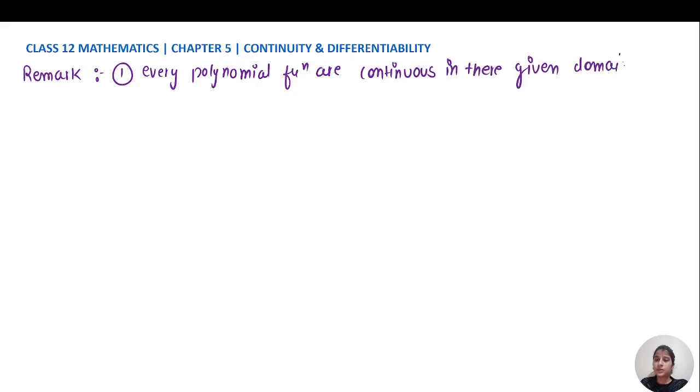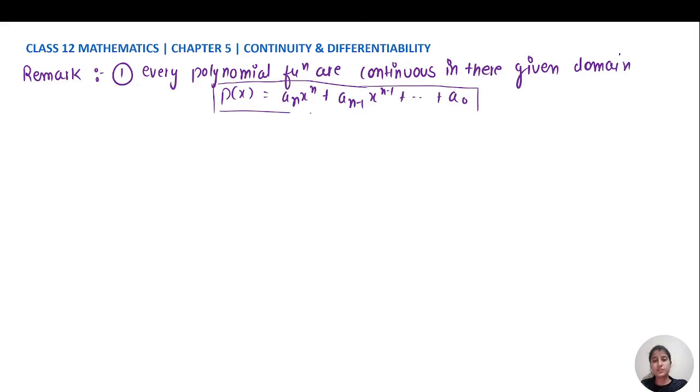That means polynomial functions are of the form, say, a_n x raised to n plus a_(n-1) x raised to n minus 1, plus up to a_0. So our polynomial functions are always continuous in their respective domain, the domain which we have selected.